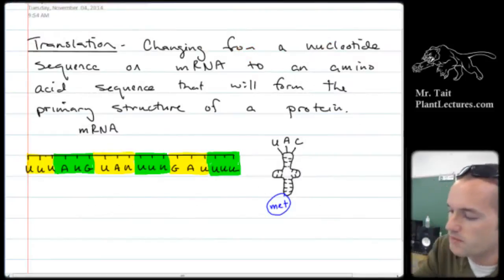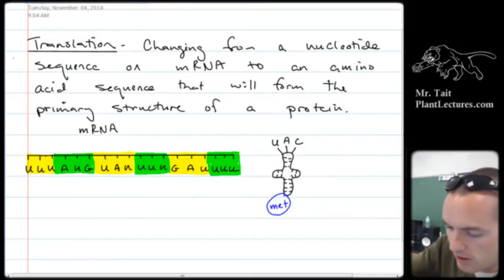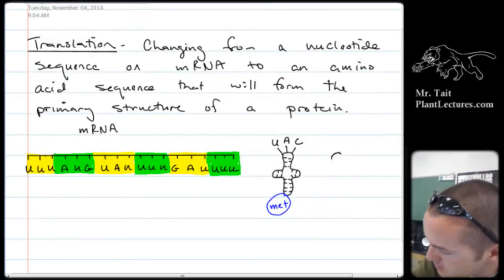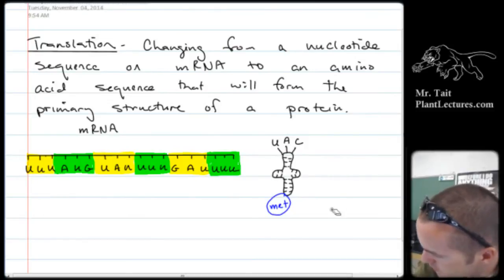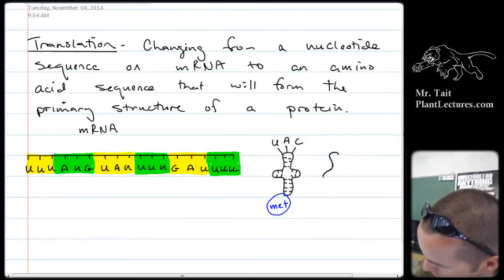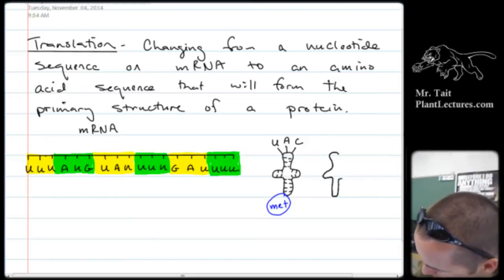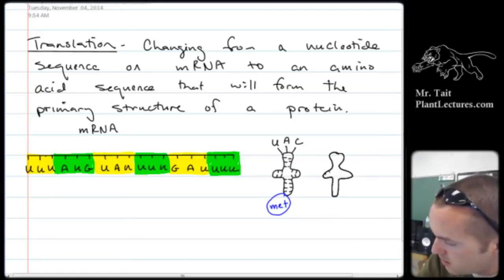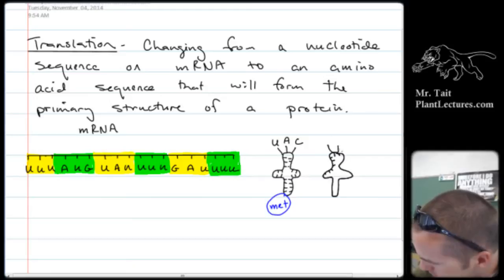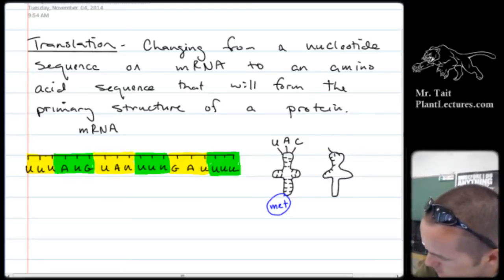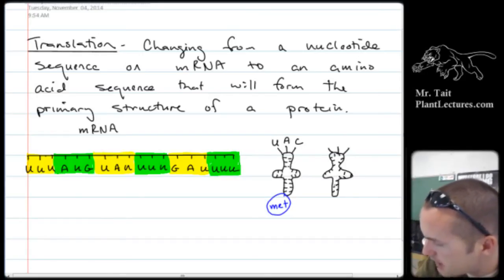Okay, so here's one type of tRNA. Next to this, let's draw another type of tRNA. Right, so we have the same type of general structure. Okay, so it's got the anticodon up here. And it's got the amino acid hooked on at the bottom.